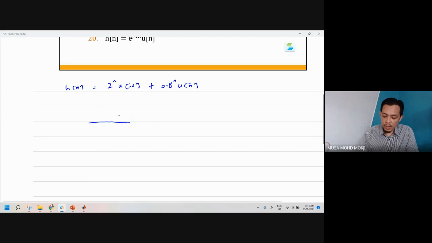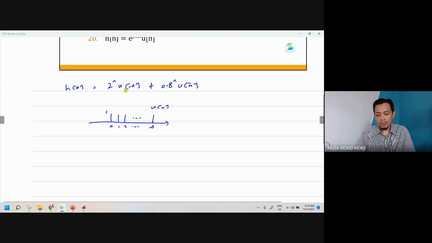We know that this is u[n]. So from 0 up to infinity, the value is 1.